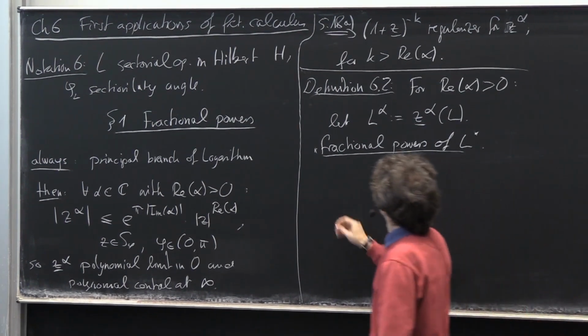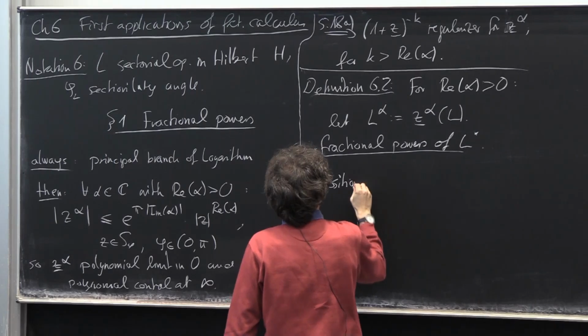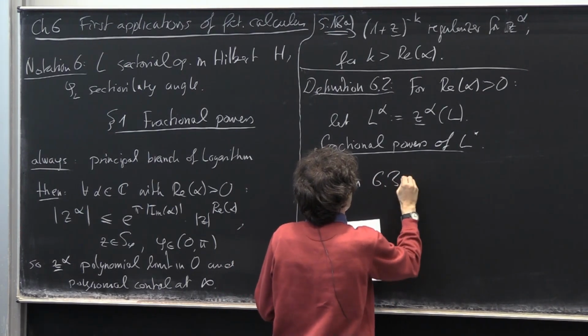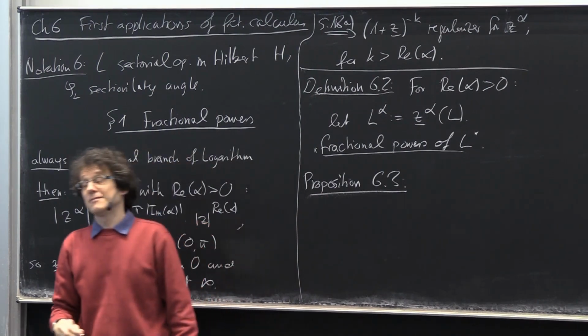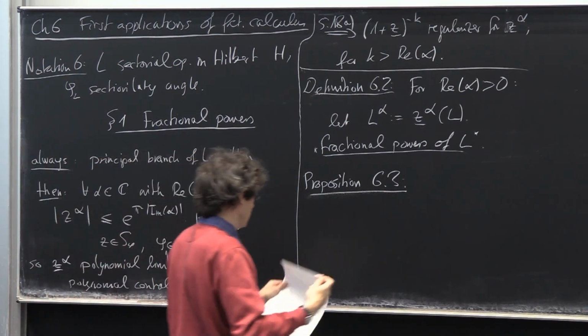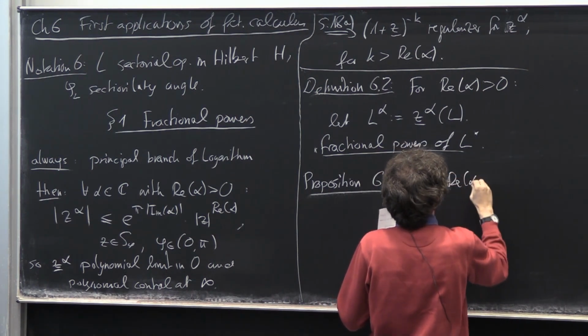Okay, so let's check some elementary properties of these fractional powers. One obvious question is, if this definition for the powers is the right one, then one should have something like the usual power law. So L to the alpha times L to the beta should be L to the alpha plus beta. And the good news is this works.